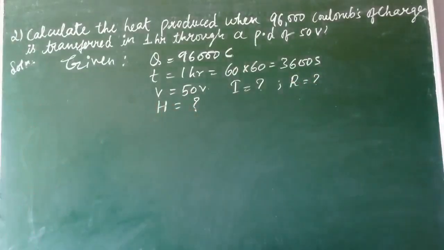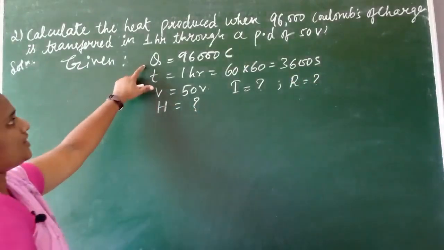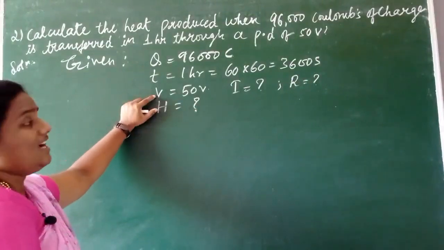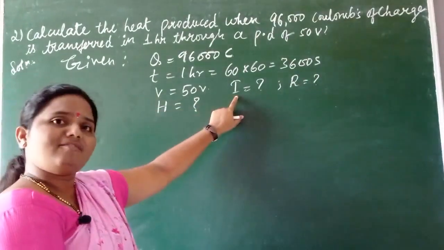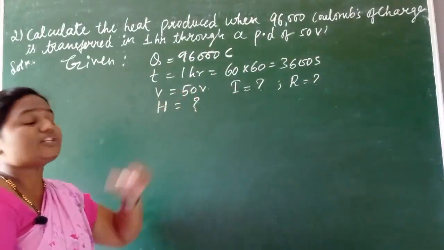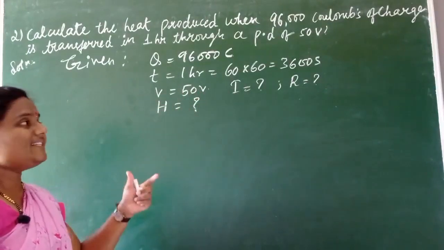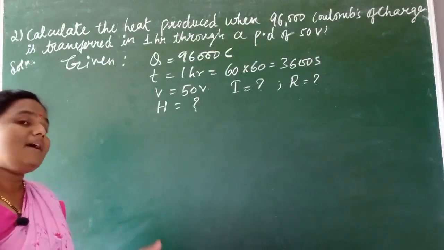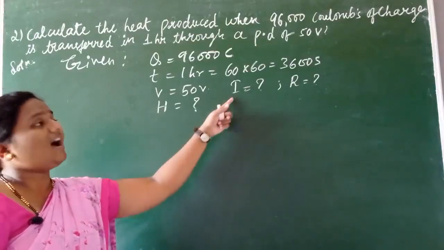So children, when we look at these values, charge and time, we can calculate the I value, because the definition of current says that I is equals to Q divided by T. By using that formula we will get the I value.